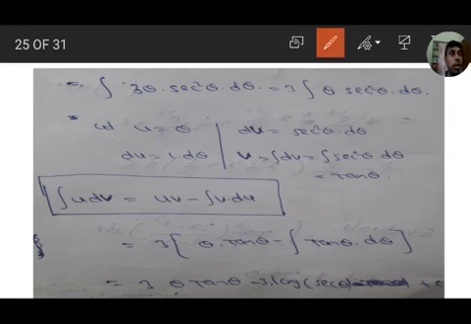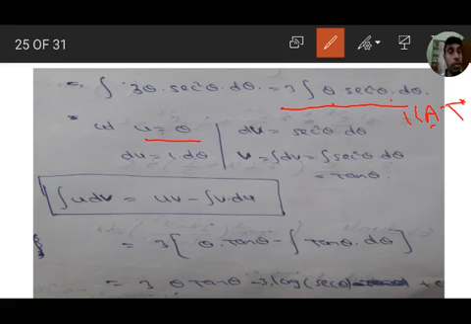3 into integration of theta into sec square theta, algebraic function, trigonometric function. Let algebraic function come first, so u equal to theta.